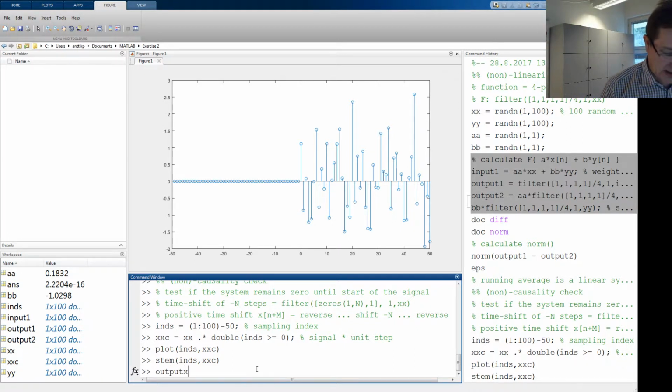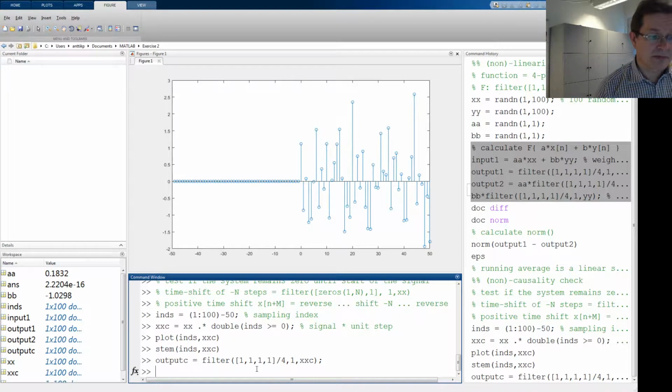So output C equals filter. That's our 4-step running average, and then we have this test signal here, and check the first elements if they are 0.